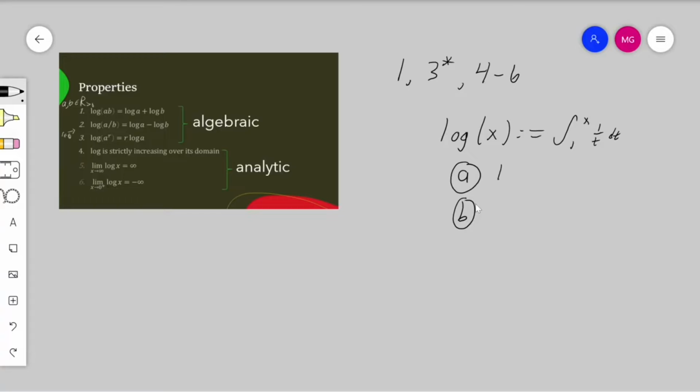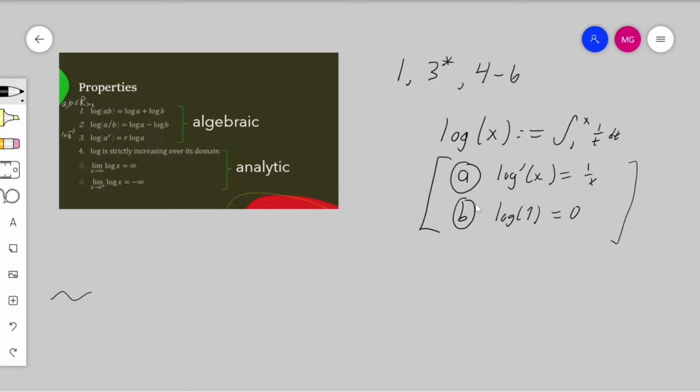Namely, first of all, that the derivative of logarithm is 1 over x, and second of all, that log evaluated at 1 is 0. So these two properties are really the defining properties that we're going to be using in order to prove the items from this list that we now want to prove. So let's see how that goes.